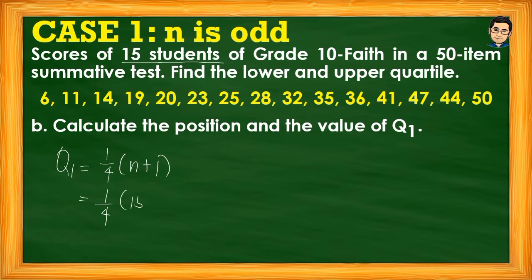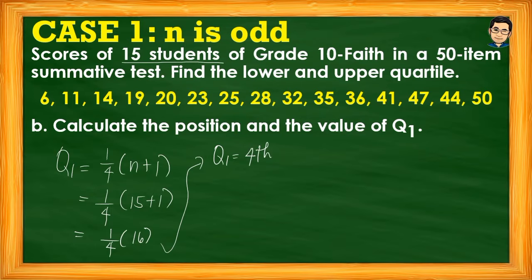So, 15 plus 1. Next, 1/4 times the sum of 15 and 1 is 16. So, what is 1/4 of 16? That is 4. So, ibig sabihin, yung location na ating lower quartile is yung pang-apat na score.